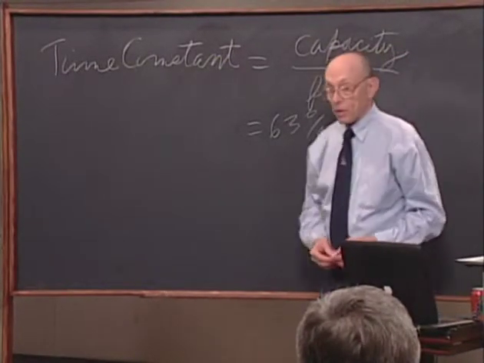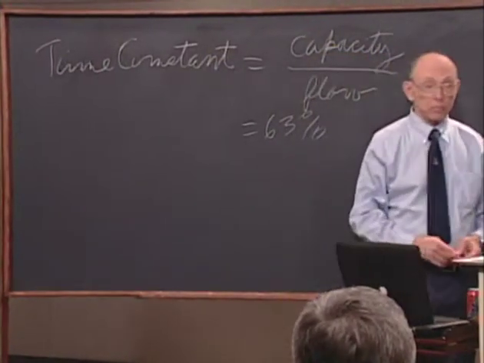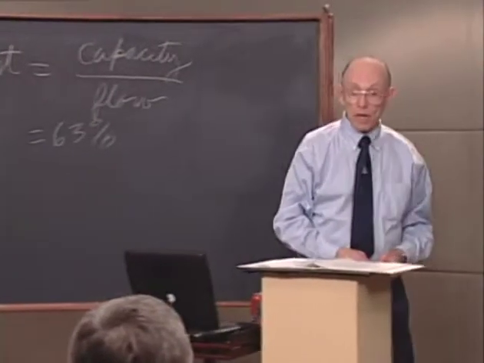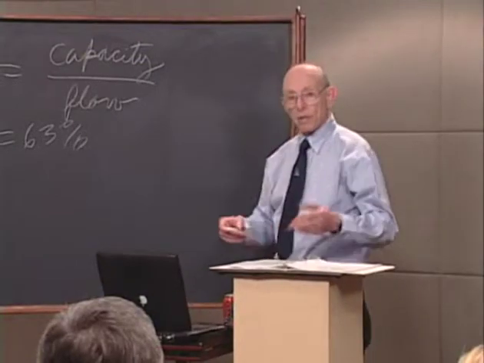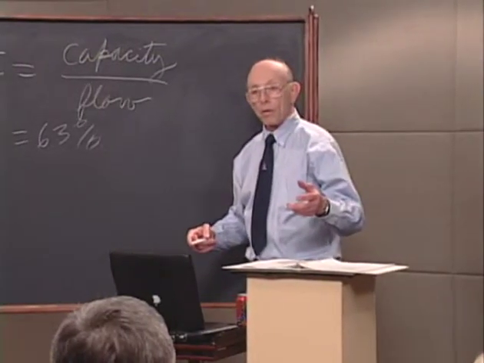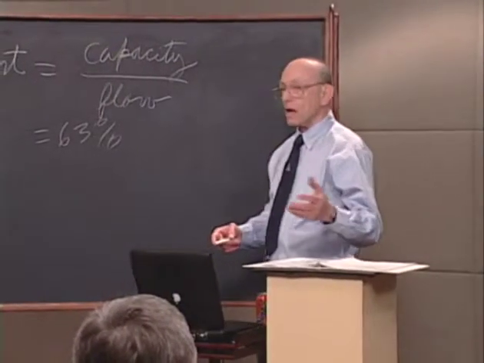So for example, the lungs have a capacity, and the lungs have a flow through them, the alveolar ventilation. What's the normal functional residual capacity of an adult patient? Give me an FRC. About 2 liters. And what's a normal alveolar ventilation?